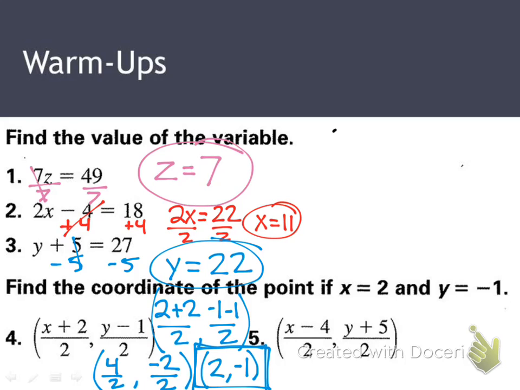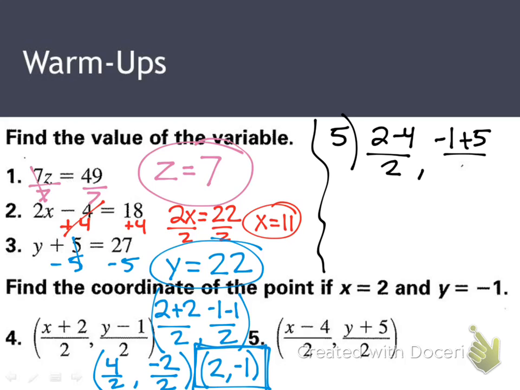Alright, I'm going to do the same thing for number 5. I'm going to write it up top because I'm out of room on the bottom there. So I have 2 minus 4 over 2 and negative 1 plus 5 over 2. Alright, what is 2 minus 4? Negative 2.